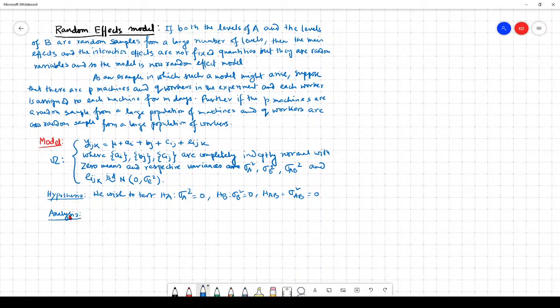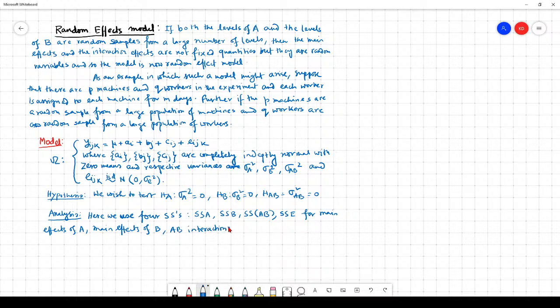Analysis. Here we use 4 sums of squares, that is SSA, SSB, SSAB, SSE, for the main effects of A, the main effects of B, the AB interaction, and error.